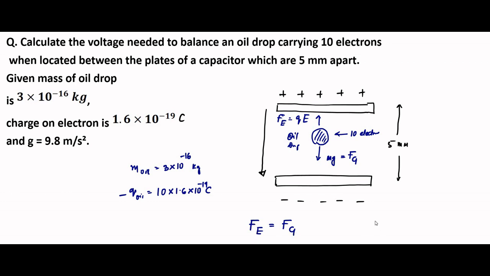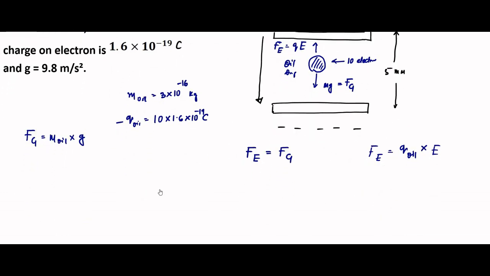Now Fe is equal to the charge on the oil drop multiplied with the electric field, and the gravity force Fg is equal to the mass of the oil drop multiplied with the acceleration due to gravity. In order to calculate the electric potential, we first have to determine E.